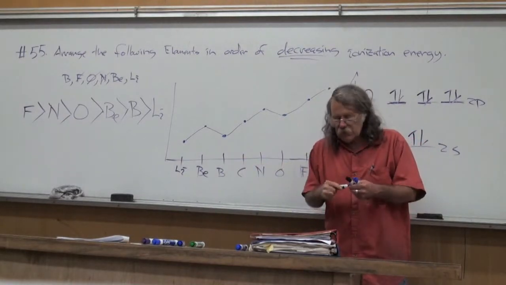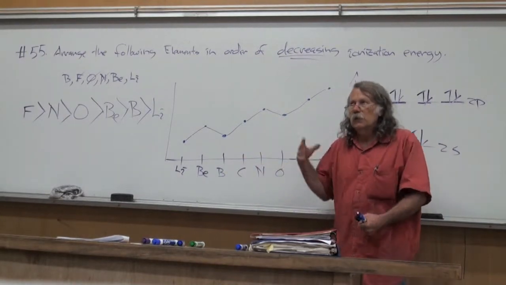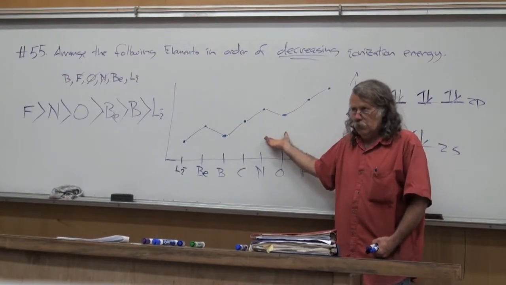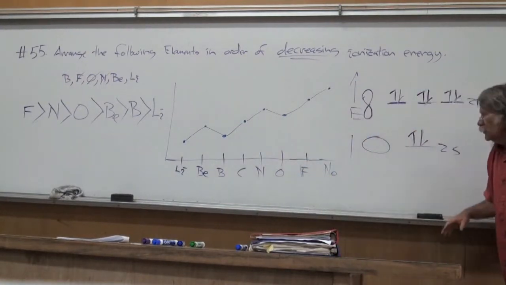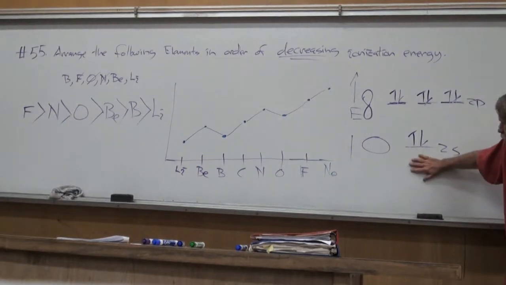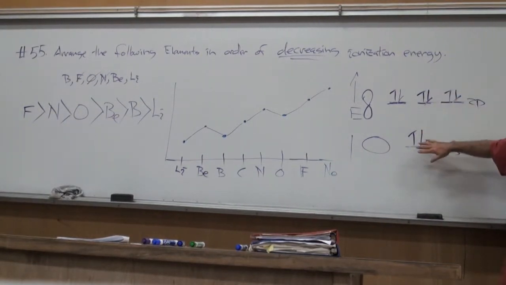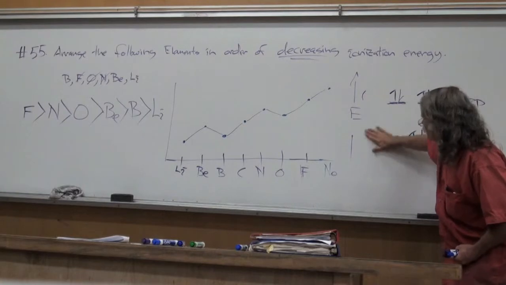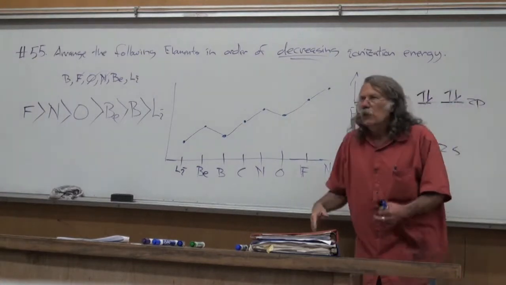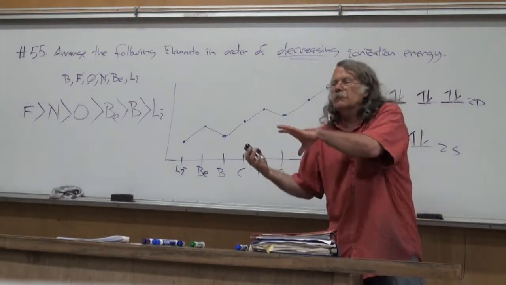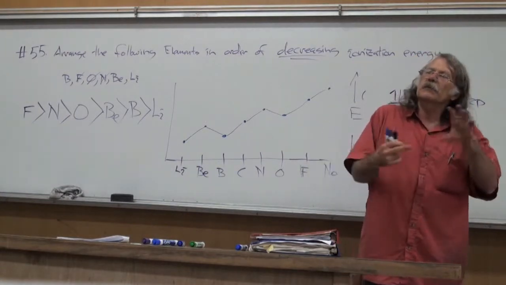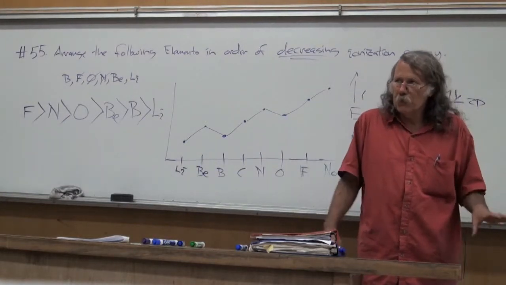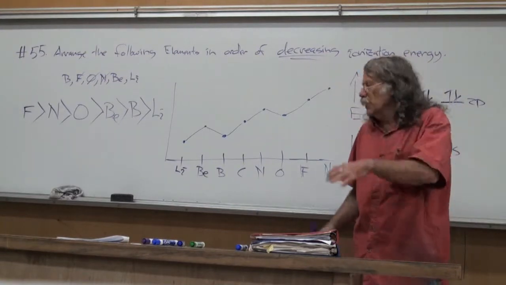And rather than just simply memorizing this, I want you to be able to draw this energy diagram, understanding this. We'll erase that. And also based on the principle of what happens as I go across. Okay, I'm getting an increasing nuclear charge. So I want you to understand the underlying principles.